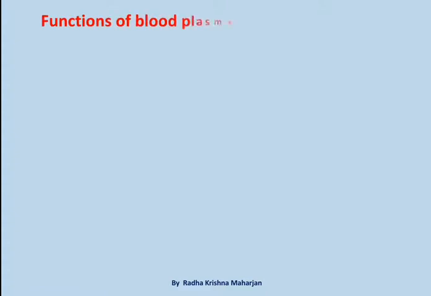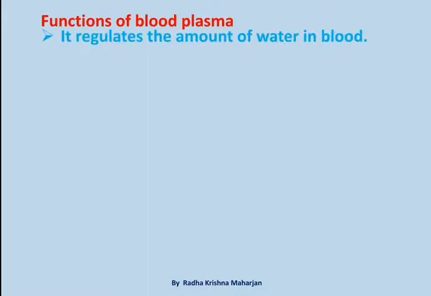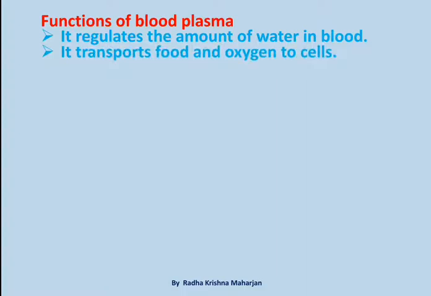Functions of blood plasma. It regulates the amount of water in blood. It transports food and oxygen to cells.